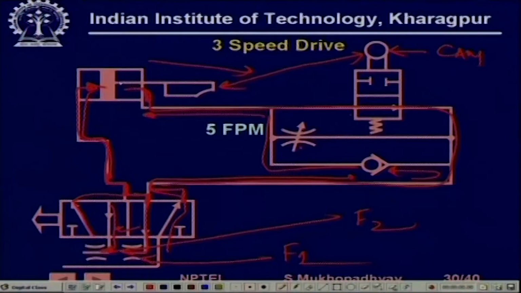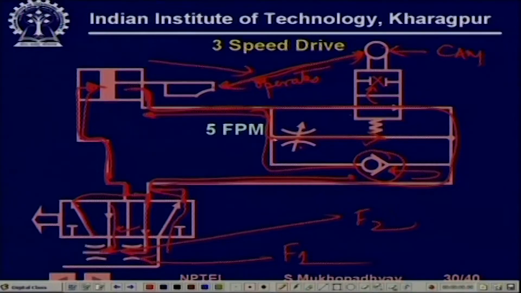After some time when this actuator moves out, this is going to operate the cam, and then the cam will shift. So, therefore, this valve will shift and go to this position and then will get locked. At that point of time the flow will pass through this, because this is closed and this is also closed, this is a check valve.